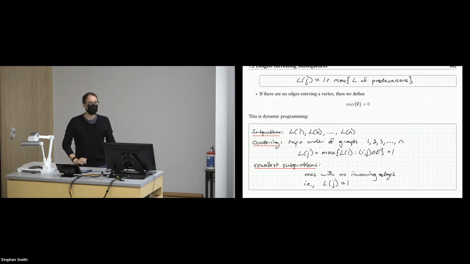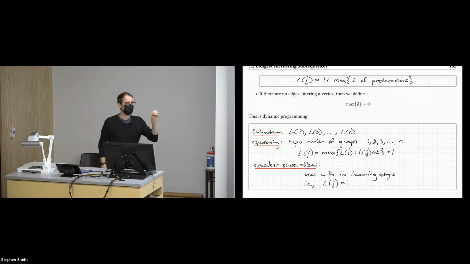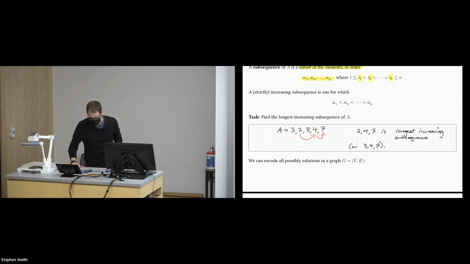We also needed the smallest subproblems that we could solve directly. Those are all the nodes that have no incoming edges, or in other words, all the values where there's no smaller value to the left. So 2 and 3 have no incoming edges.